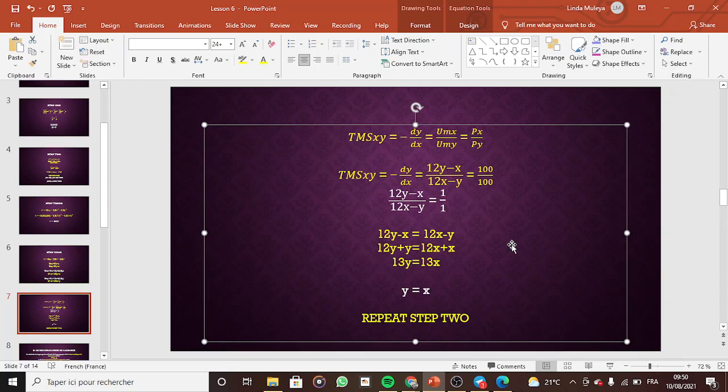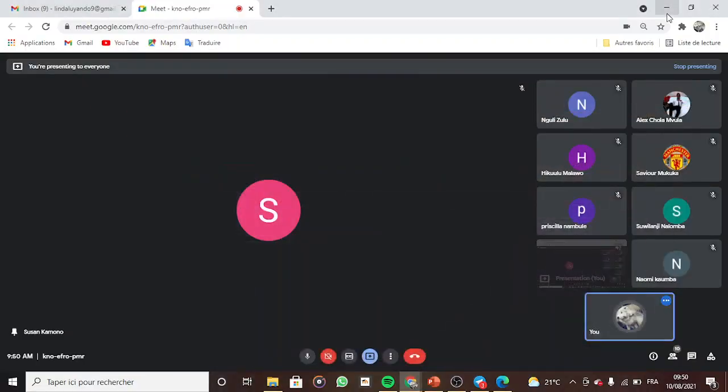Last question. In an exam, you said the question is going to specify using the TMS formula, but use the formula for finding differentiation, utility. In that case, let me say that your professor will specify. I think there's a case where it will show which one exactly to use.